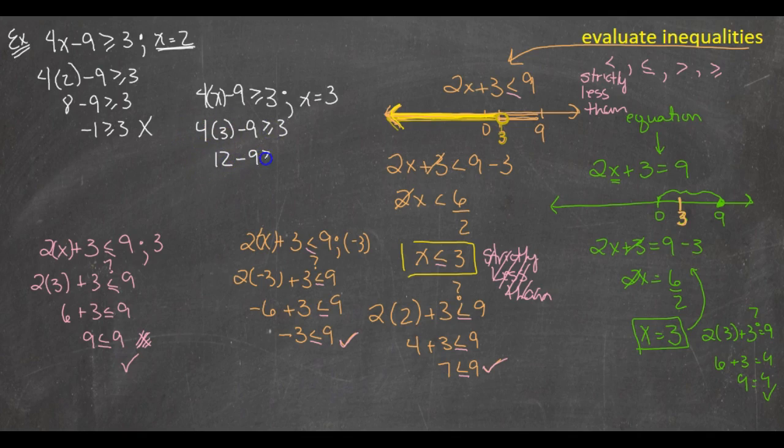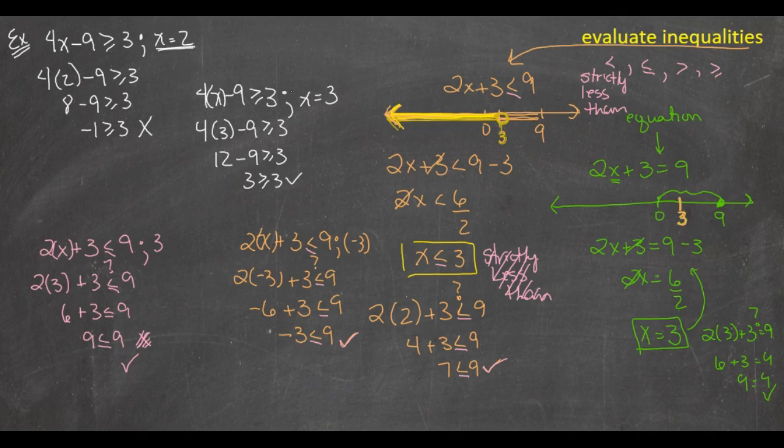Take away 9 greater than or equal to 3. 12 minus 9 is 3 greater than or equal to 3. So is 3 greater than 3? It is not. So it's not an inequality solution. Is 3 equal to 3? It is. So that makes 3 a solution to 4x minus 9 greater than or equal to 3. It is a solution.